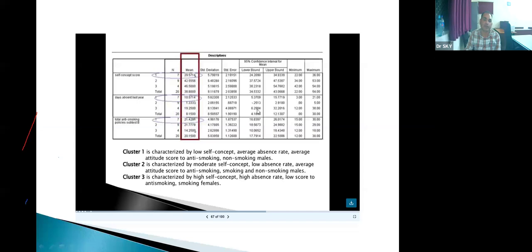And the third one is characterized by high self-concept, high absent rate, and low score toward anti-smoking: smoking females. This one is the third class.